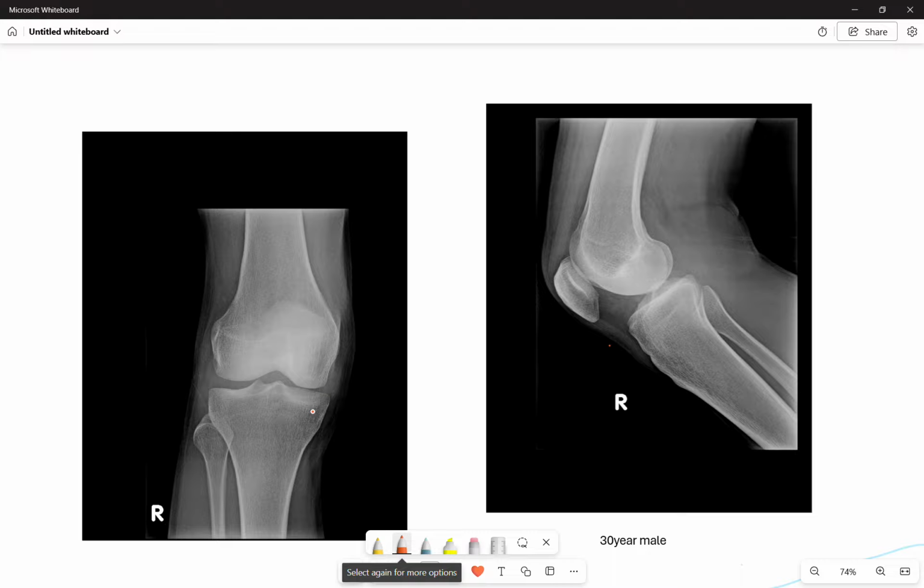And the knee joint is a synovial joint. It has an inner lining of the synovial membrane. The synovial membrane will be lining the inner side of the capsule, and this is the synovial membrane.